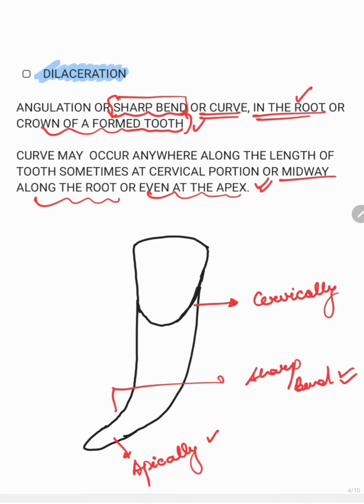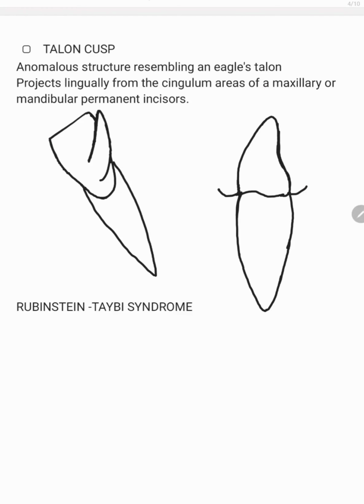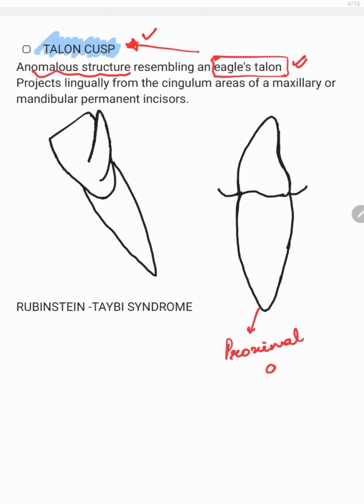So this is basically a sharp bend along the length of the tooth. Now the next topic is Talon's cusp. This is an anomalous structure which resembles an eagle's talon. That's why the name Talon's cusp, right? Here in this picture you can see a proximal aspect of an anterior tooth. This portion, as we know, is the cingulum.